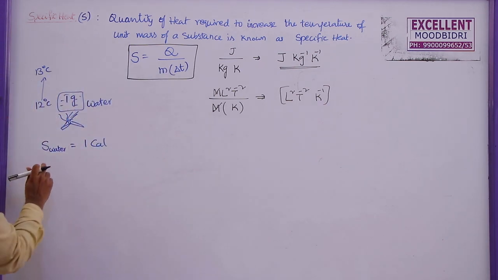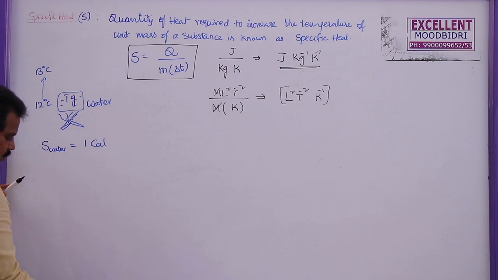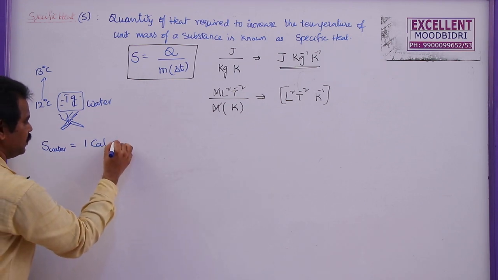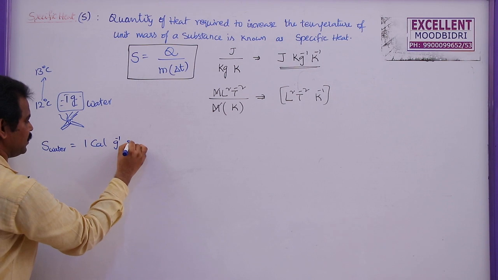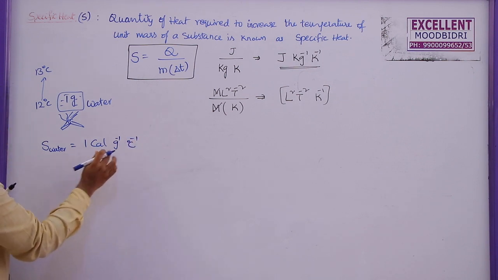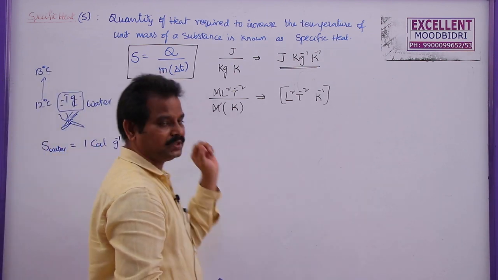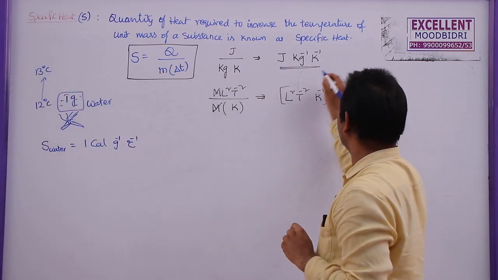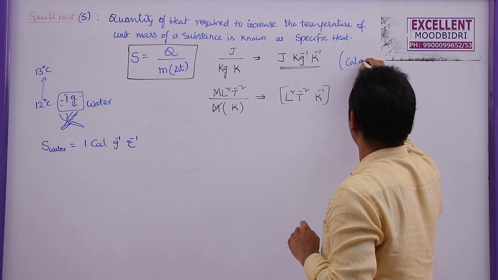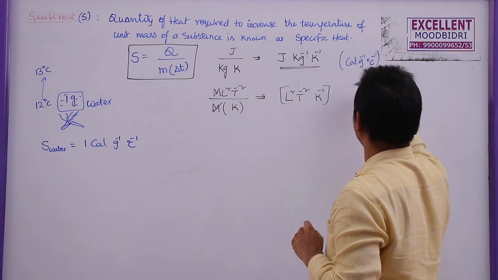But if you see the specific heat of water, it is 1 calorie per gram per degree Celsius. This is in CGS units. So the CGS unit of specific heat is calorie per gram per degree Celsius.